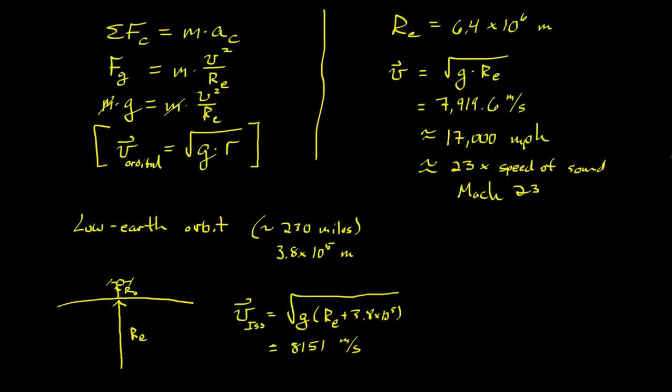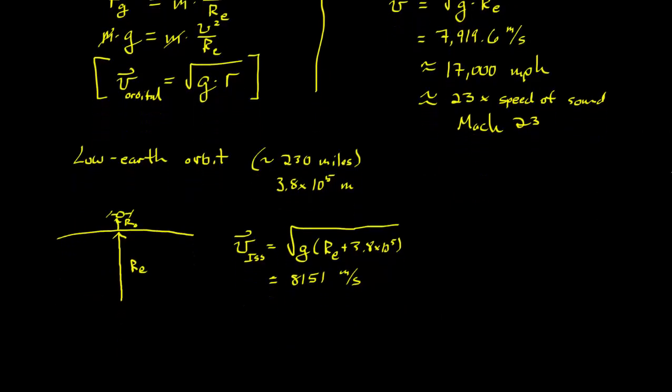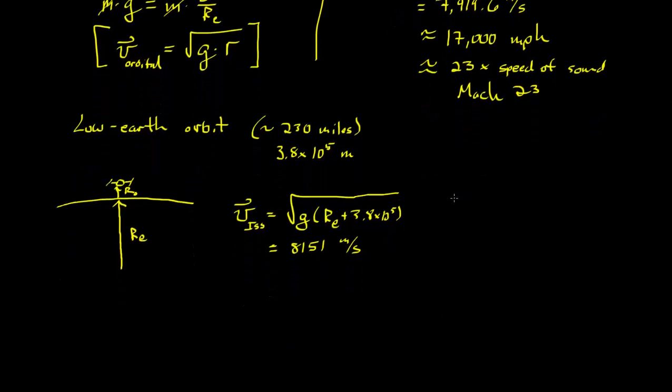And since we know the velocity of the ISS, we can then determine the period it takes to go around, because that's just 2 pi r divided by the velocity. Remember, that's the r of the satellite, of where it is. And if you plug in the numbers there, you get a period of about 87 minutes, which is off.